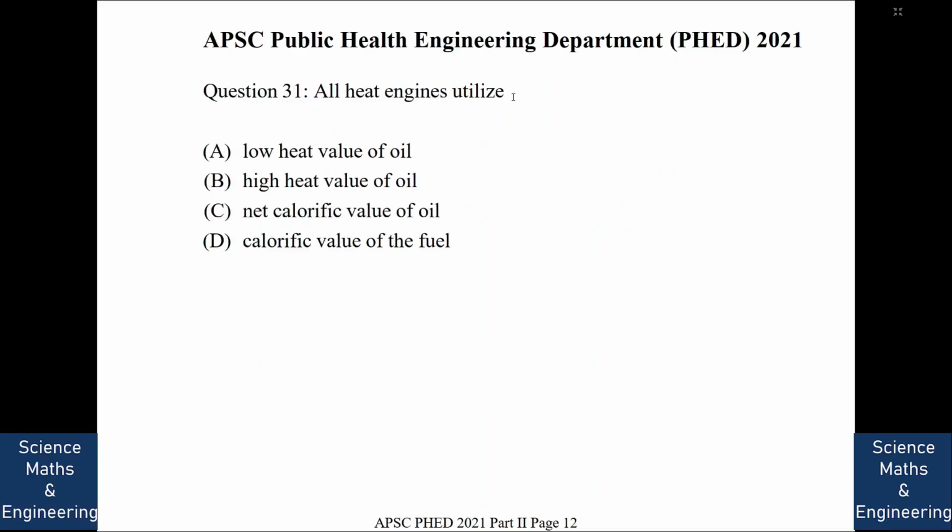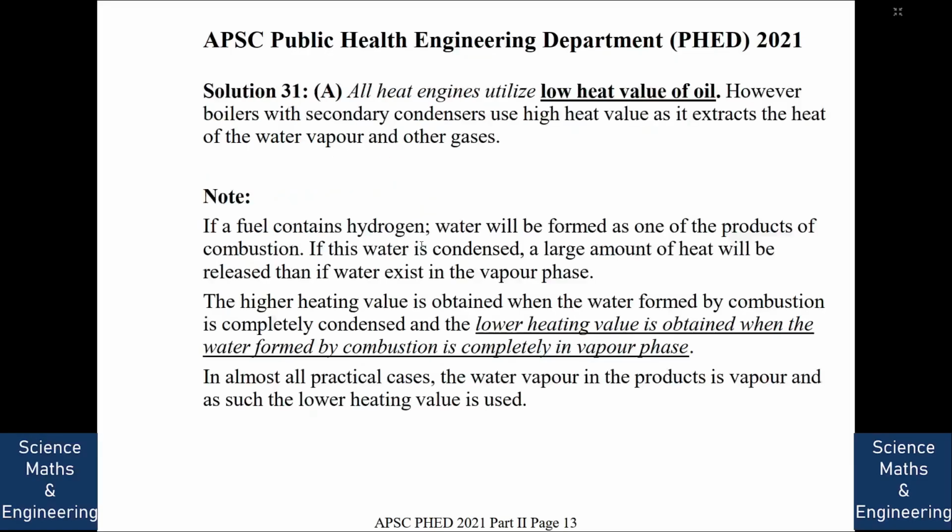All heat engines utilize: A, low heat value of oil; B, high heat value of oil; C, net calorific value of oil; or D, calorific value of the fuel. So the answer is all heat engines utilize low heat value of oil.